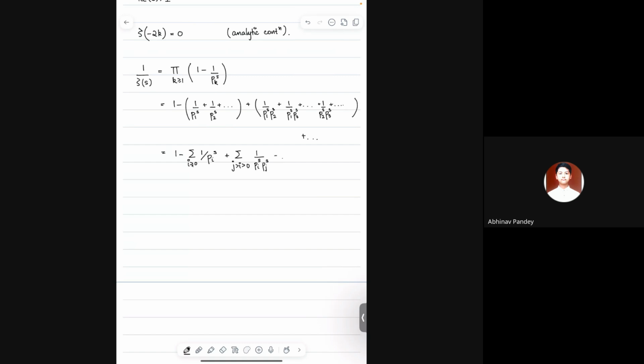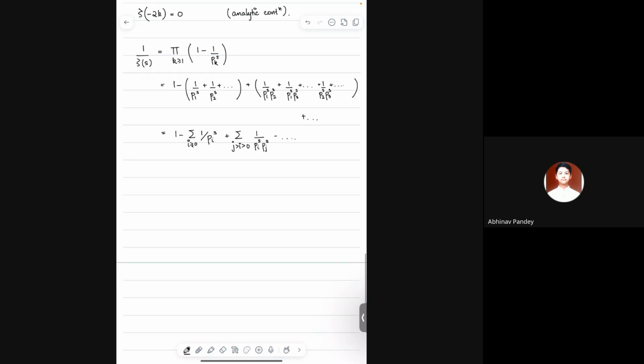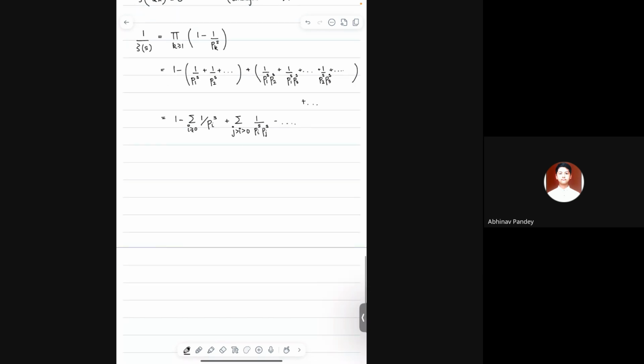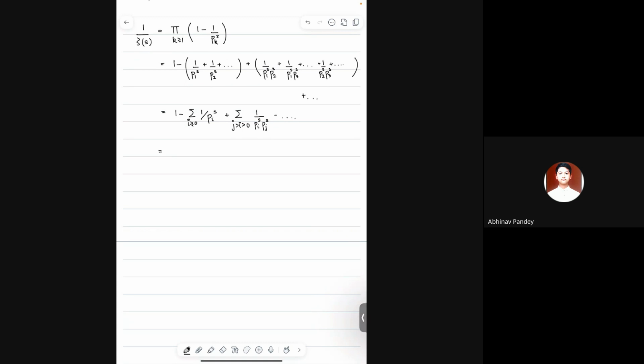But this is precisely, again believing that convergence is not an issue, mu of n divided by n to the power s, summed over all n.